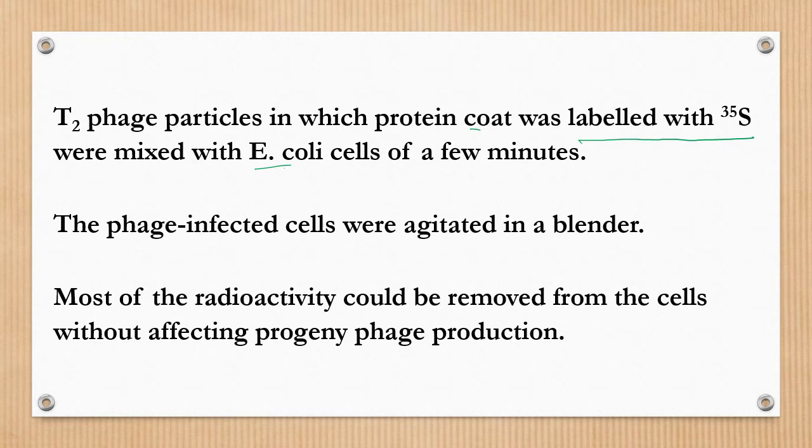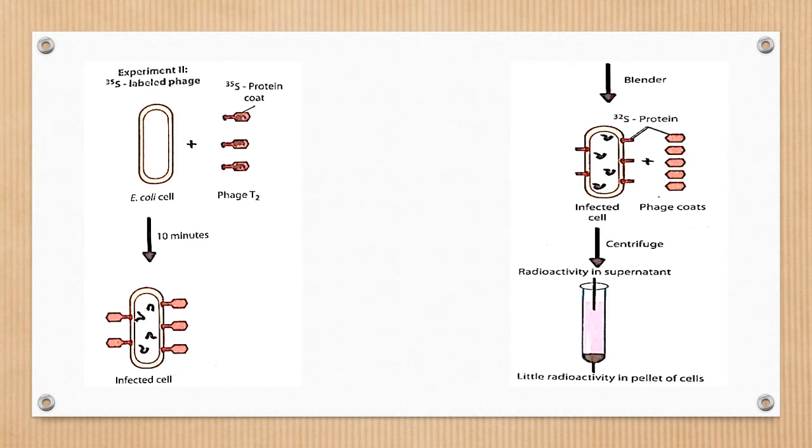Then we observe what will happen in that diagram. So now see this diagram. Same as before, we allow the bacteriophages to infect, and the genetic material is injected into the bacterial cells, Escherichia coli, and we blend, agitate and mix. Then protein coats are separated from the bacterial cells.